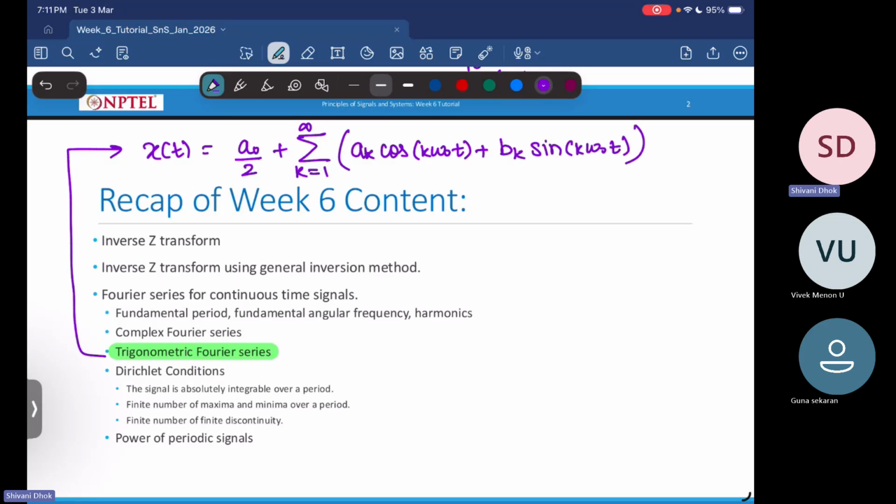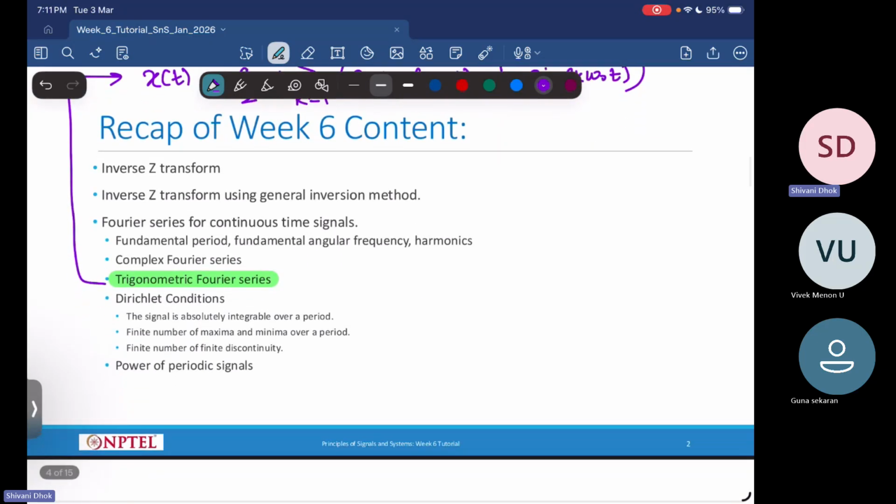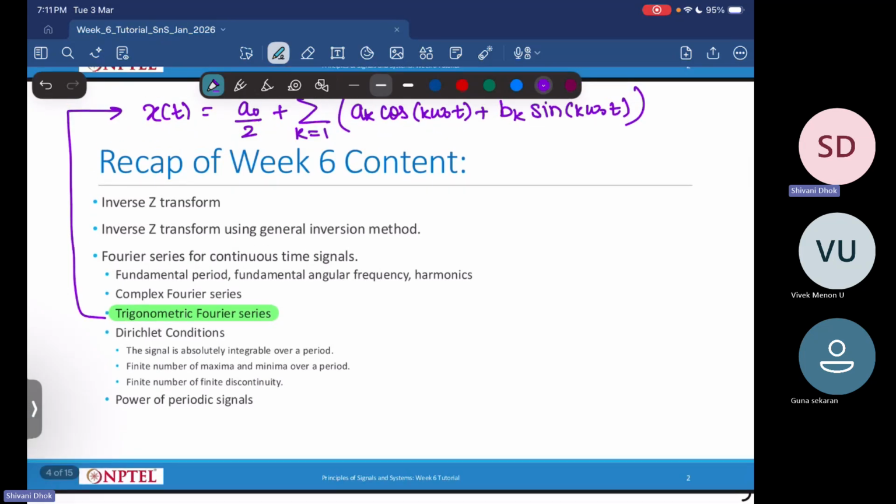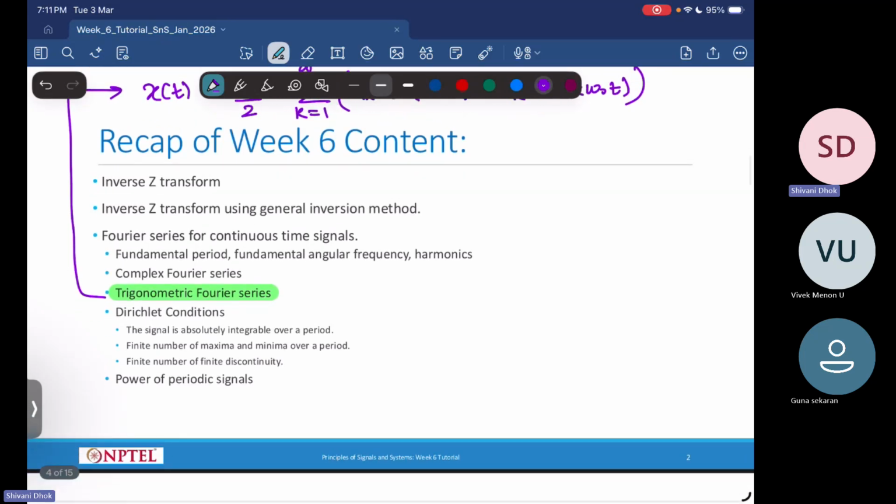And we also saw the relations, how to find the a k's and b k's, and the relation between a k, b k and your c k's. I am not writing those for the sake of time constraints.